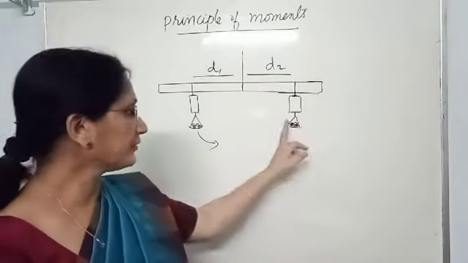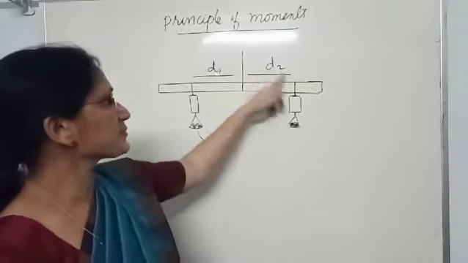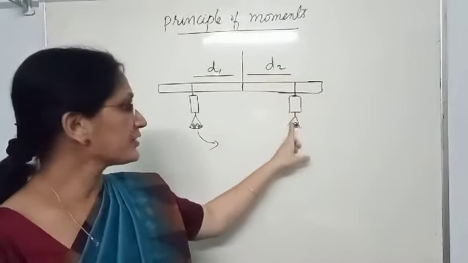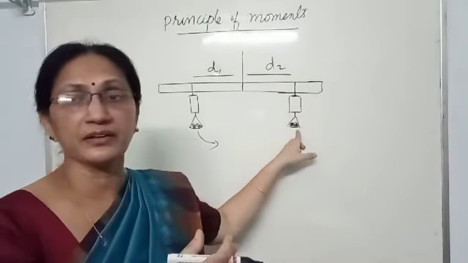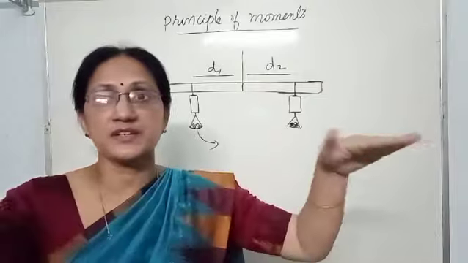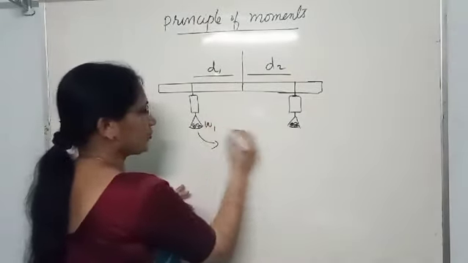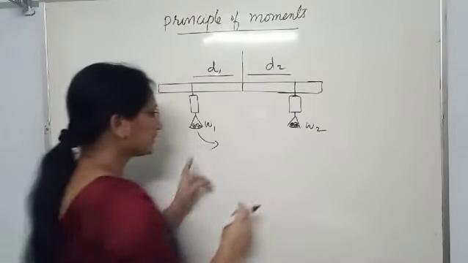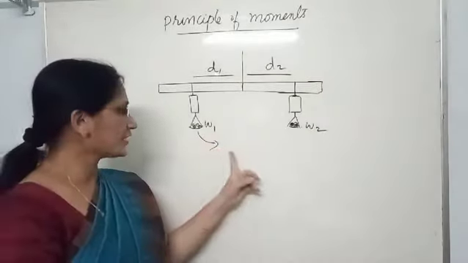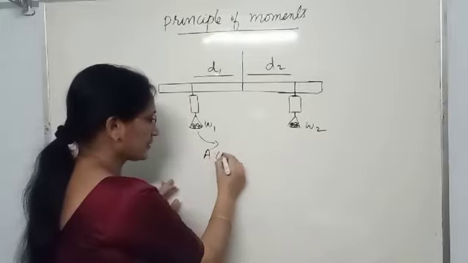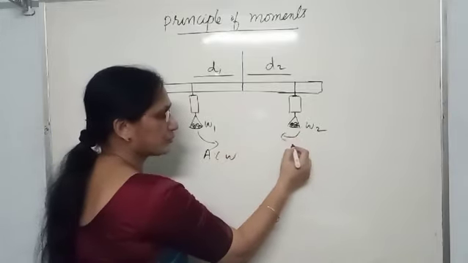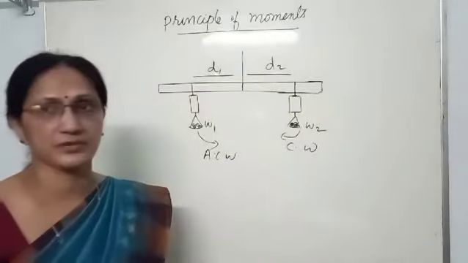You have to add the weights in it. Distances must be different, and you have to add weight in the second pan so that the scale comes in horizontal position. Suppose the weights kept here are W1 and W2. This weight W1 produces anti-clockwise moment and the weight W2 produces clockwise moment.